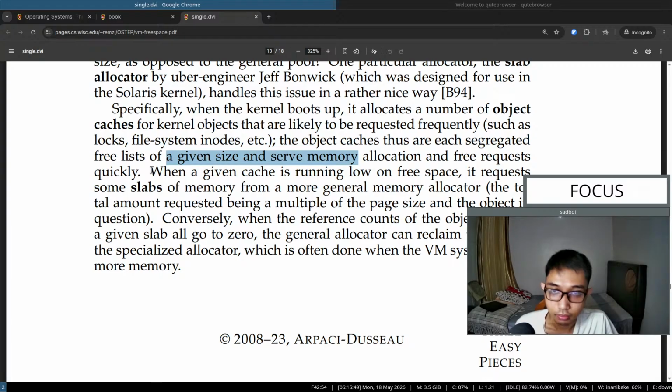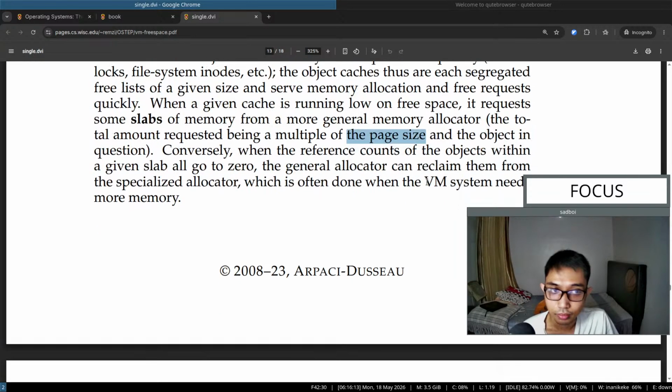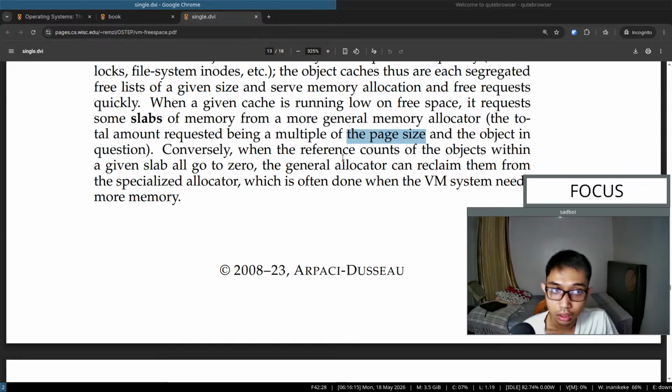The object caches are its segregated free lists of a given size and serve memory allocation and free requests quickly. When a given cache is running low on free space, it requests some slabs of memory from a more general memory allocator, the total amount requested being a multiple of the page size and the object in question.